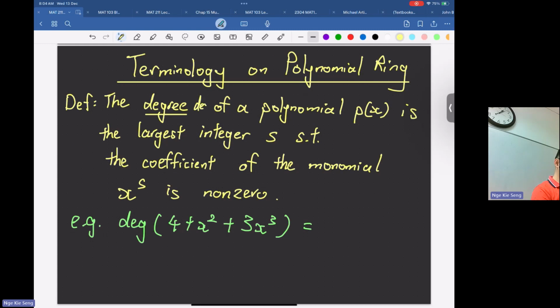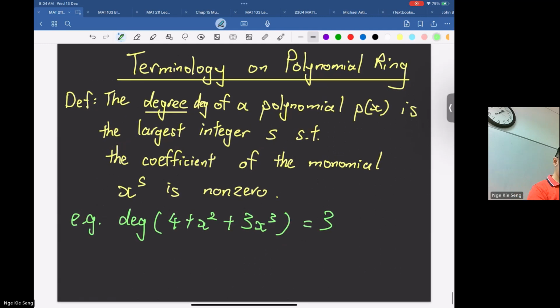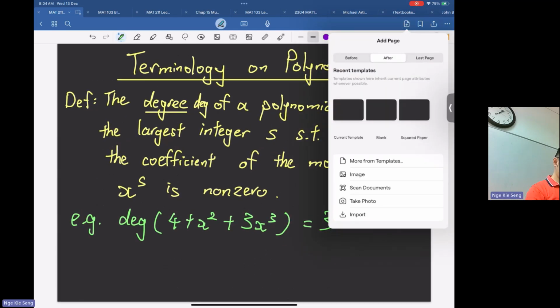Here the degree is 3 because the highest integer such that the coefficient is non-zero is 3. Okay, so this is true.